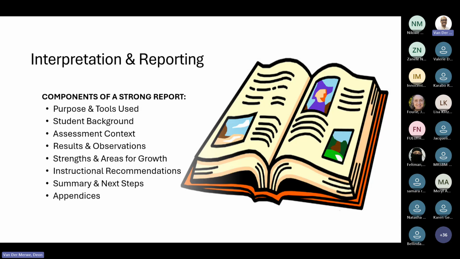And then when you've done that, you then provide a comparative analysis. So you compare the reader's performance to perhaps the benchmark or the norms for their age or their grade level, just to provide a bit of context.